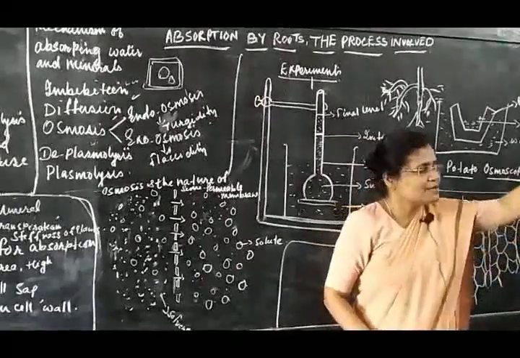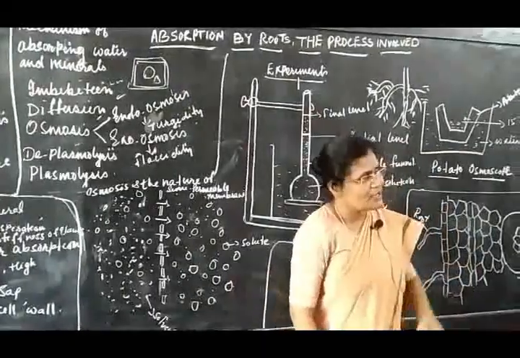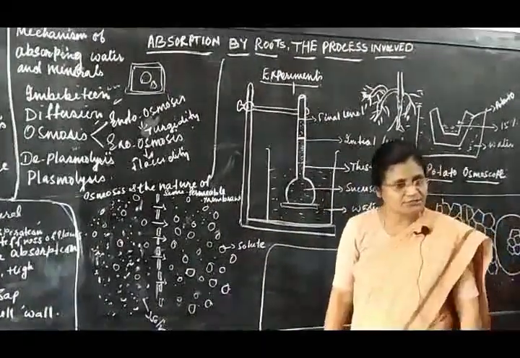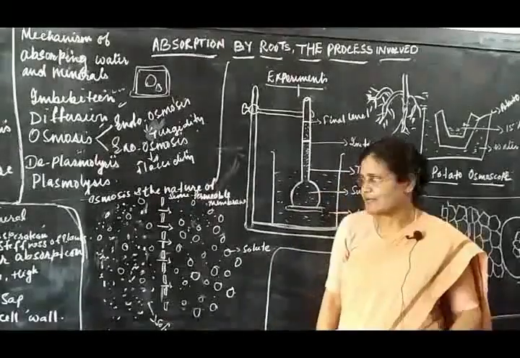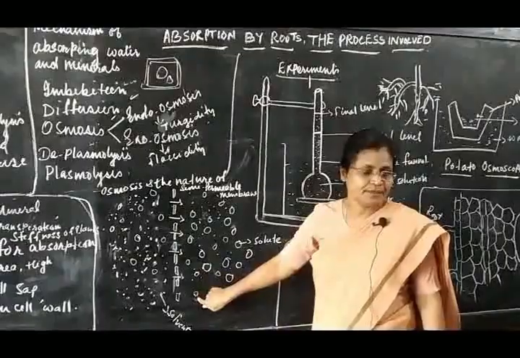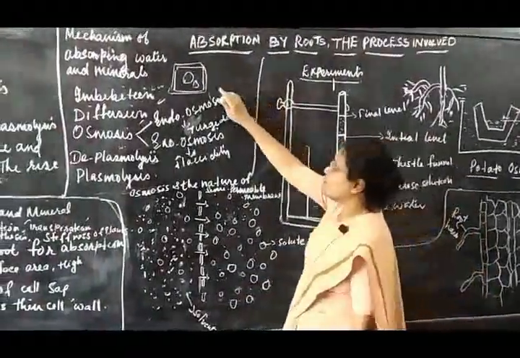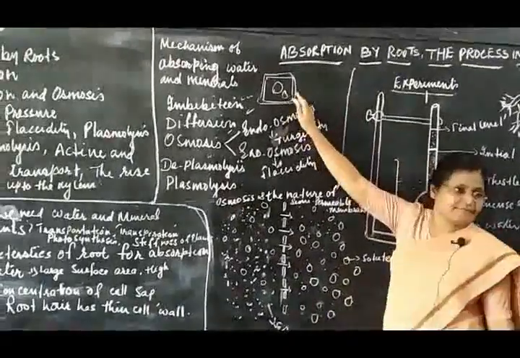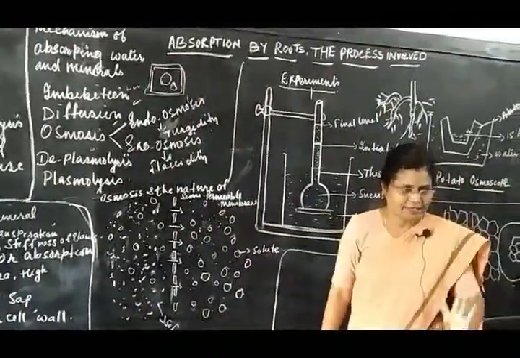In diffusion you have movement from the region of high concentration to the region of lower concentration. Here also you have high to low concentration, but what is very important is through a semi-permeable membrane. If you remember in the first chapter, when we learned about the cell wall and cell membrane, we said the cell membrane is semi-permeable in nature.